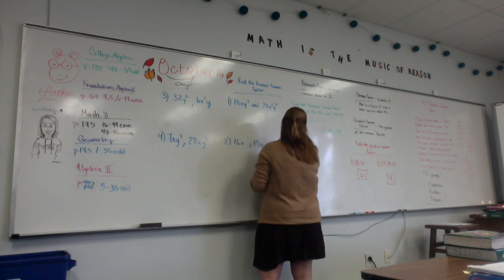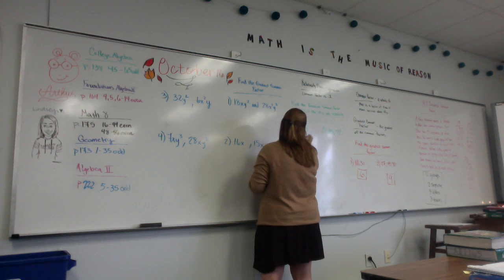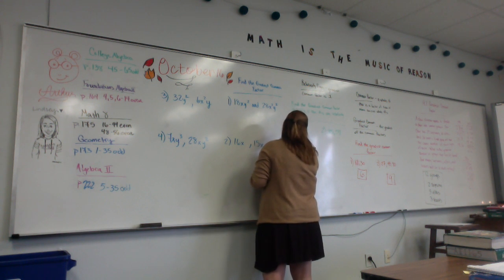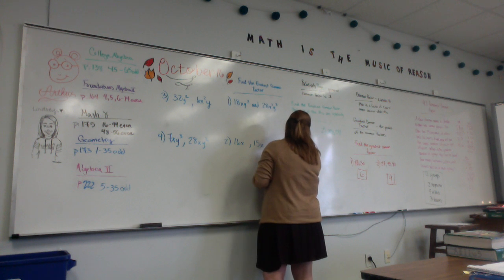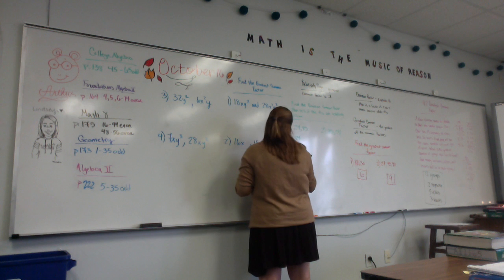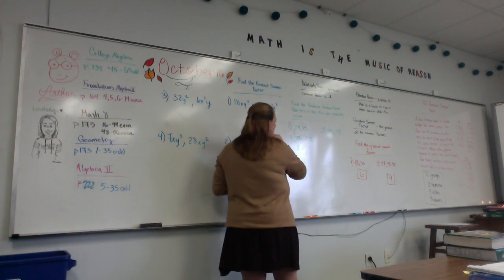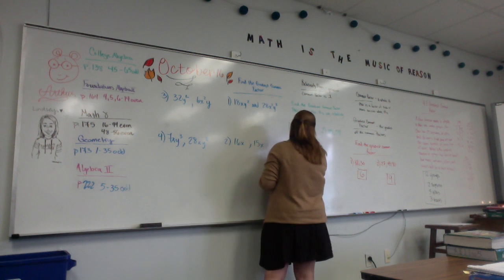Well, 24 is 1 and 24, 2 and 12. Can 3 go into 24? Yes, it's 8. Can 4 go into 24? Yes. Okay, 45 is 1 and 45. Can 3 go into 45? Yes, 15 times. And 5 goes into it.